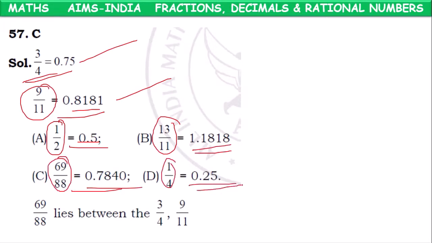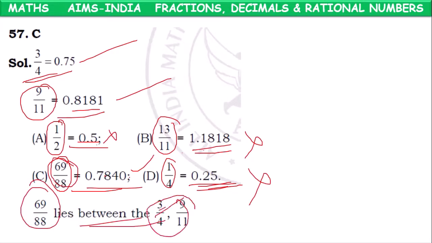Option D has the value 0.25. Now, between 0.75 and 0.81, 0.5 does not lie, 1.18 does not lie, 0.78 lies, 0.25 does not lie. So 69/88 will lie between 3/4 and 9/11 according to the options.